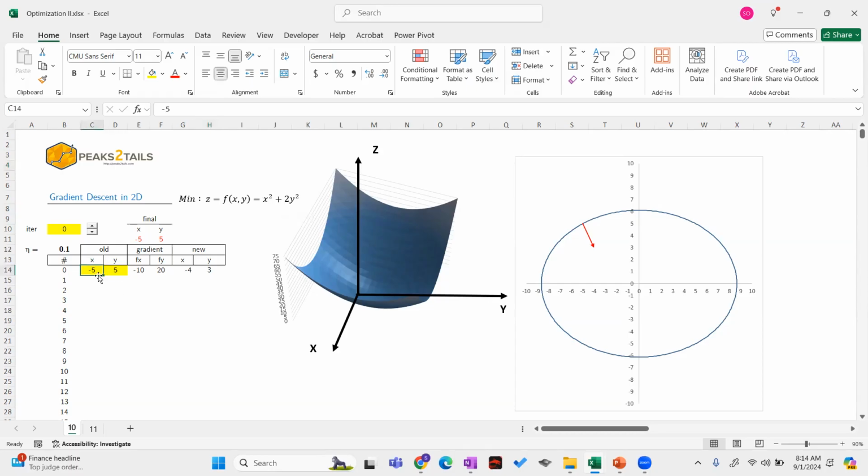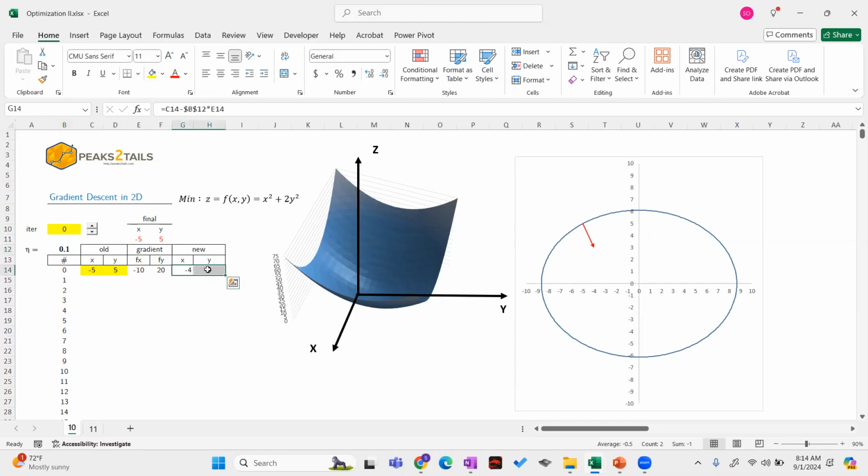Let's say my initial guess is minus 5, comma 5. This is my point, my initial guess. At this point, I need to find out the gradient. What is the gradient of this? 2x and 4y, correct? So 2x is minus 10, 4y is 20, based on the current point. So my updated point would be, there is a learning rate also, 0.1 here.